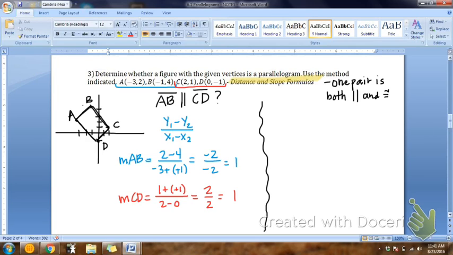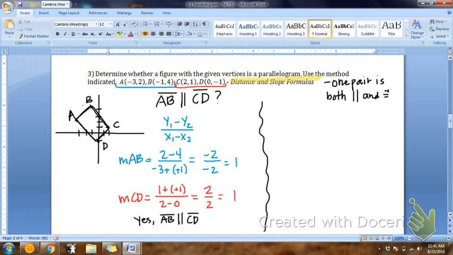So we get the same slopes. So yes, AB is parallel to CD.